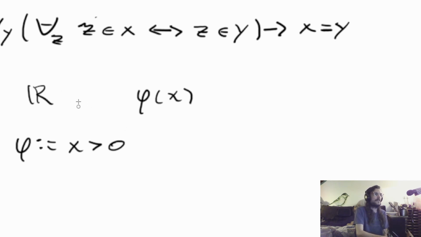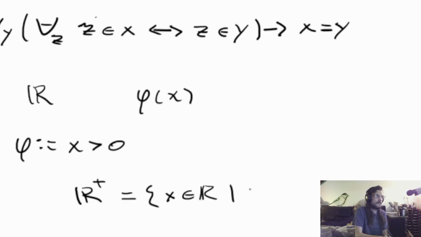And then if you have this set, then you can construct a new set, which we call R+. And this is the way that we write that down: R+ is equal to all the x in R for which x is larger than 0.